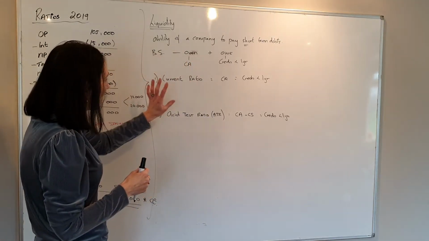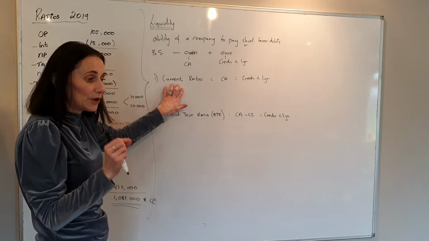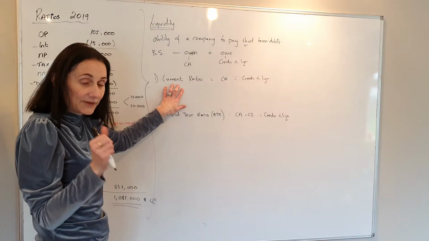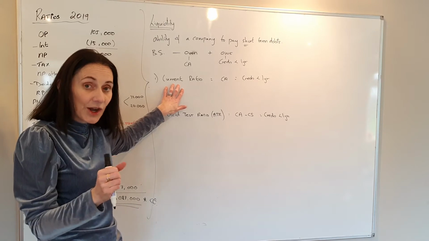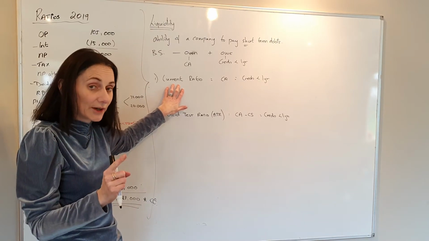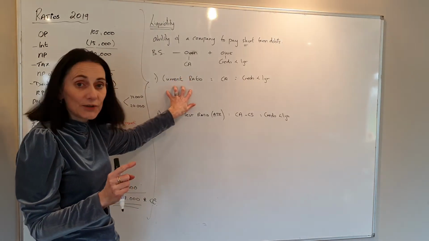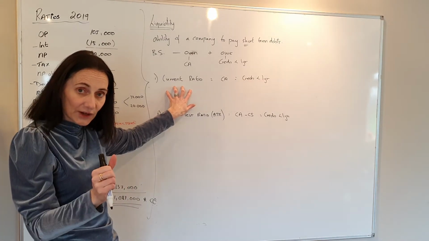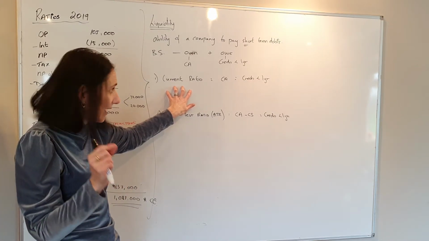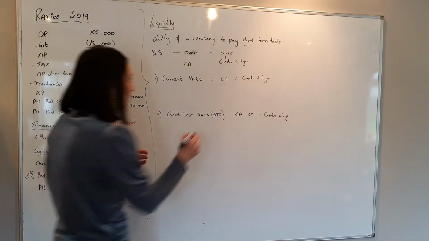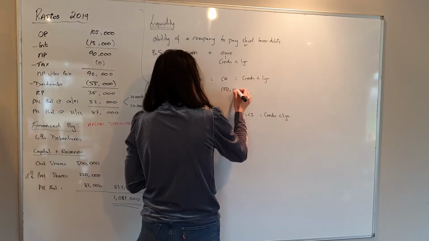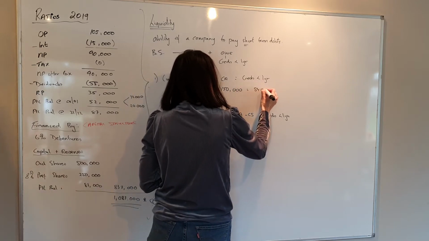So the current ratio, you will only use this figure if they specifically ask for it, or they have given you last year's figure. So if we look at this question, our current assets are 150 and our creditors are 84.